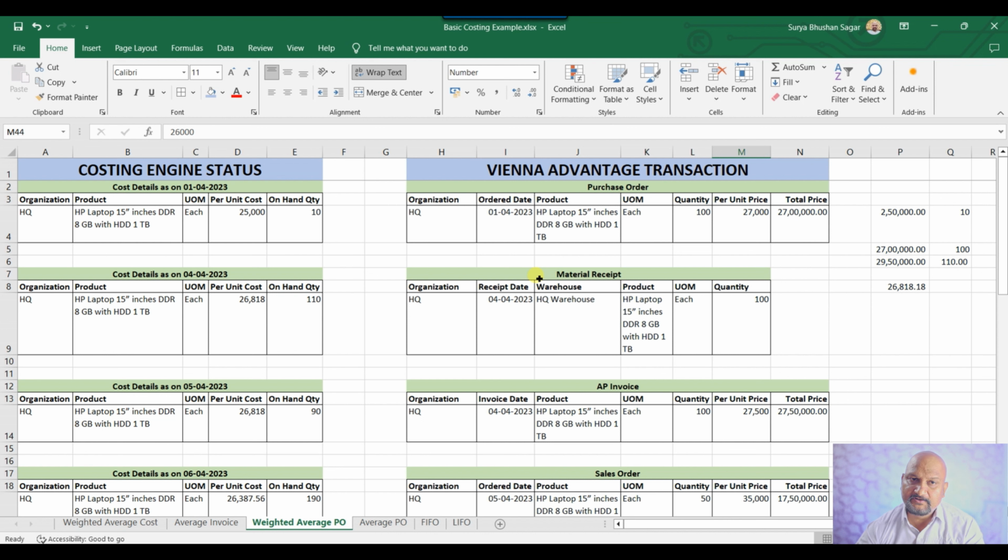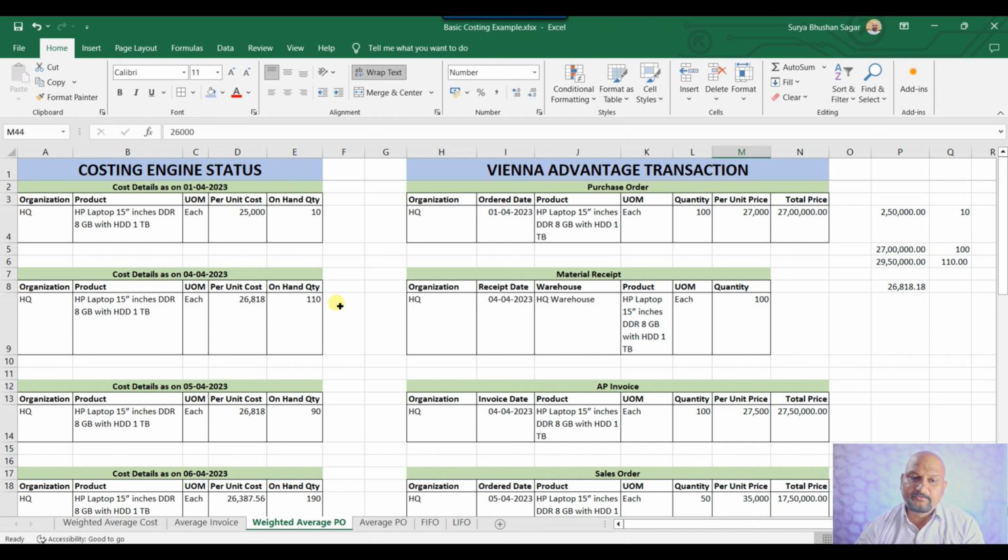Here it is a very simple case, where the unit of measurement is the primary unit of measurement and my currency is my base currency. But when it is a converted unit of measurement and a different currency, these two should be converted accordingly, and based on that you need to derive the cost.